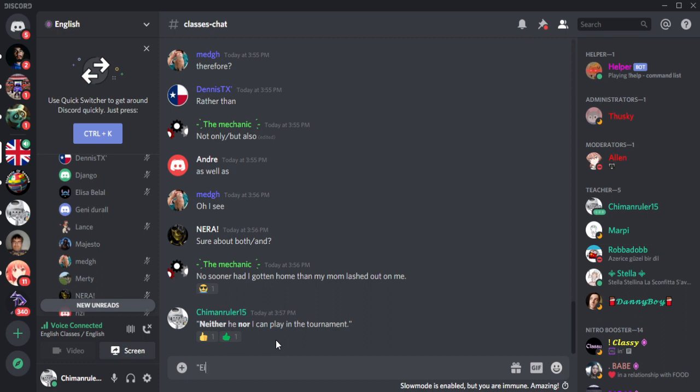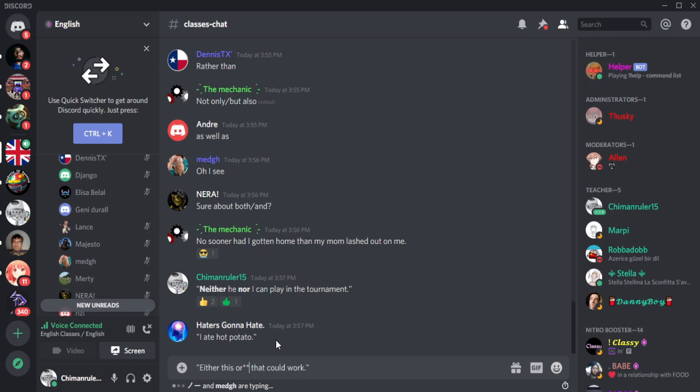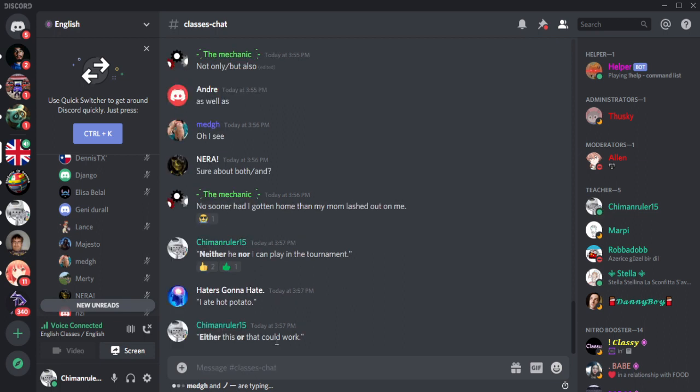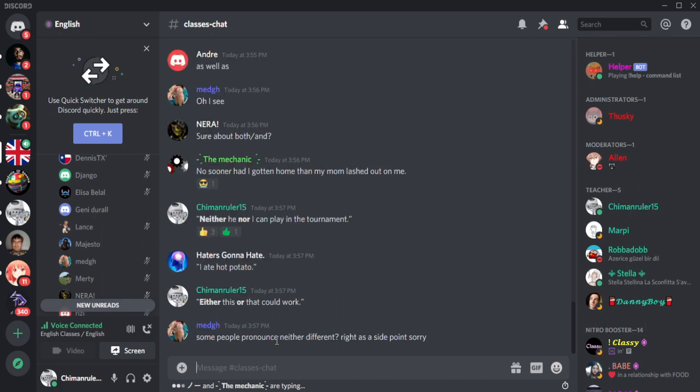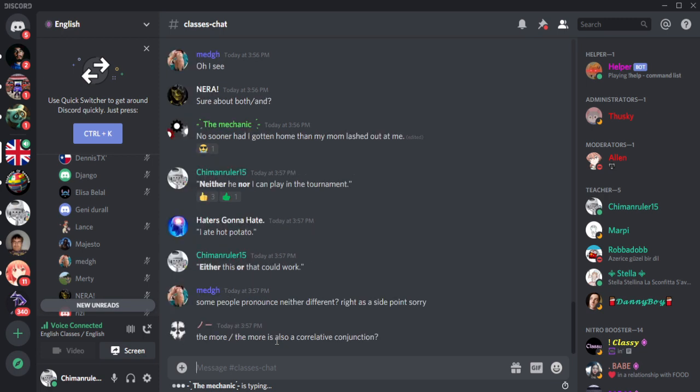And another one, let's use either and or. Either this or that could work. Here, either and or are working together to connect this and that. So that's another example of correlative conjunction.